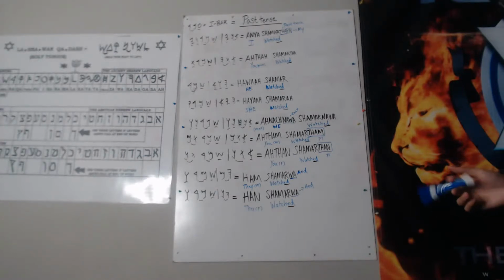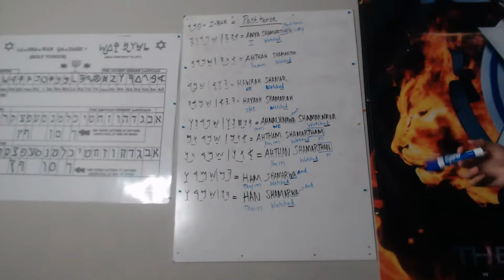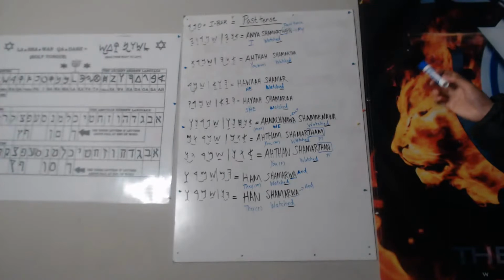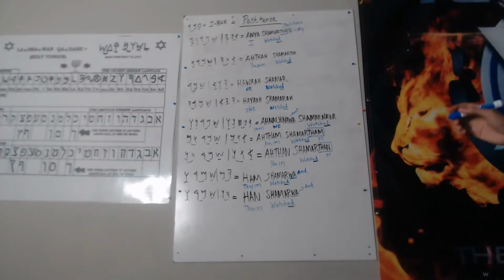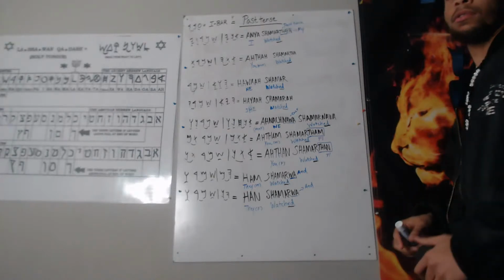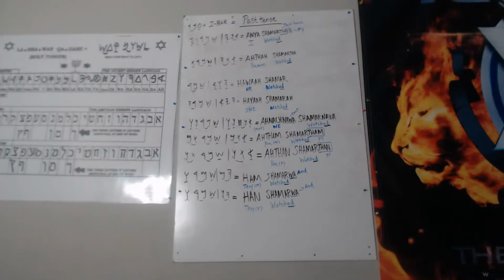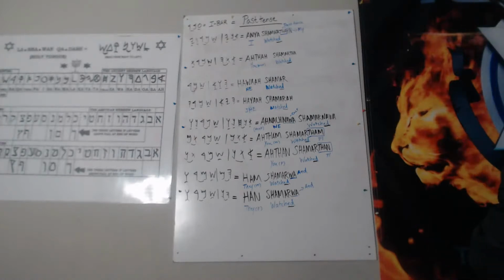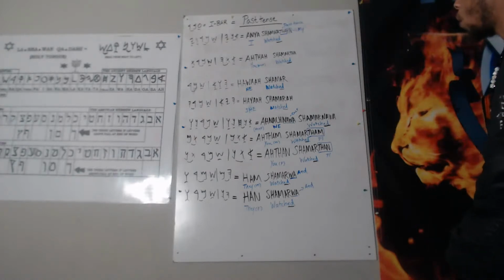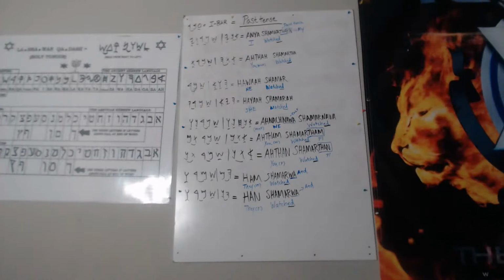Hu shamar. Hu shamar is he watched. Okay. Just to let you know exactly who watched something. Hi shamra is going to be she watched. And I hope my W's don't look too funny for y'all. I'm writing a little fast, it's a W over there, okay? Anachnu shamarnu is going to be we watched. So that could be masculine or feminine in any shape or form.